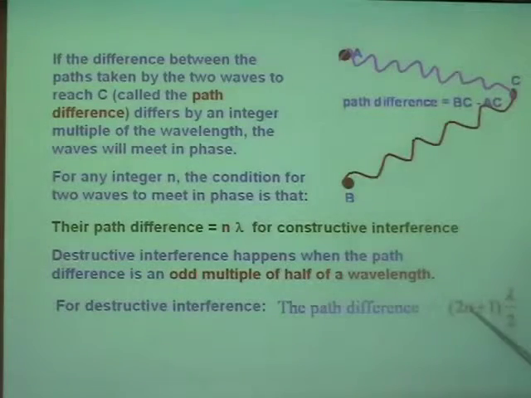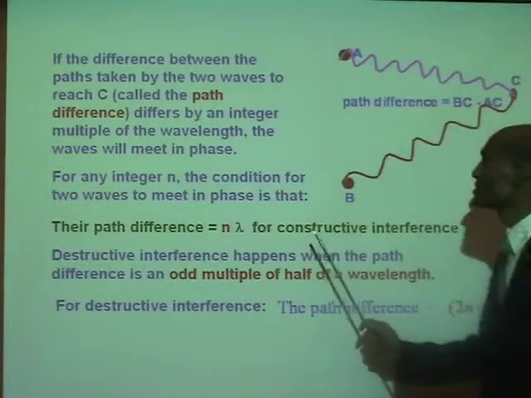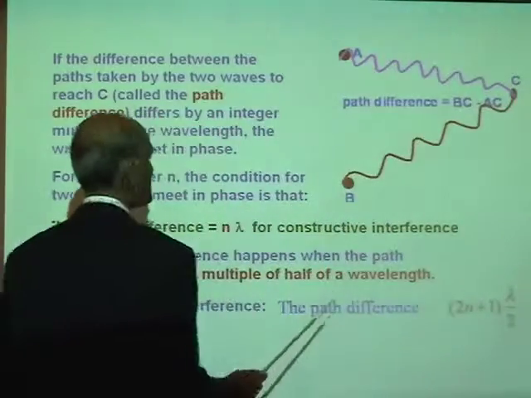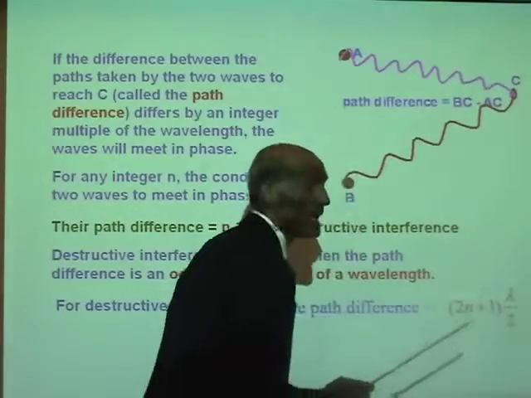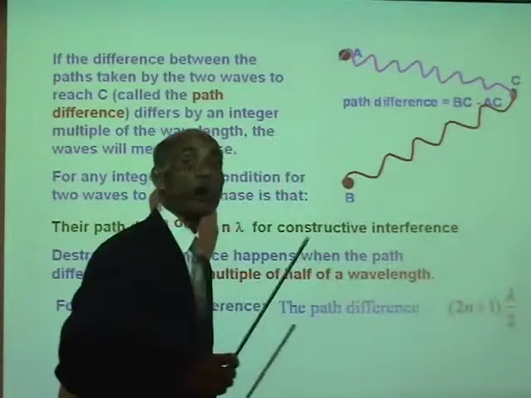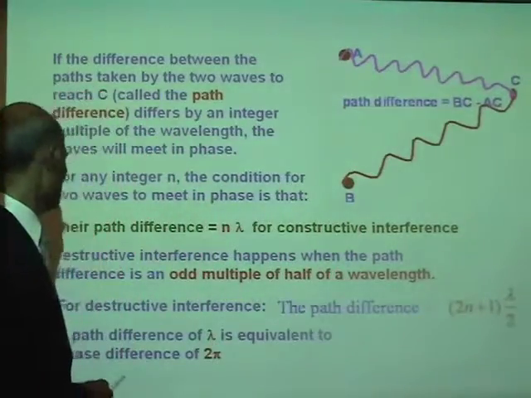You put in any value for n. n equal to 0 gives me 1 lambda by 2. n equal to 1 will give me 3 lambda by 2. n equal to 2 will give me 5 lambda by 2. So this gives you an odd multiple of half a wavelength. So the condition for destructive interference is that the path difference must be an odd multiple of half a wavelength.